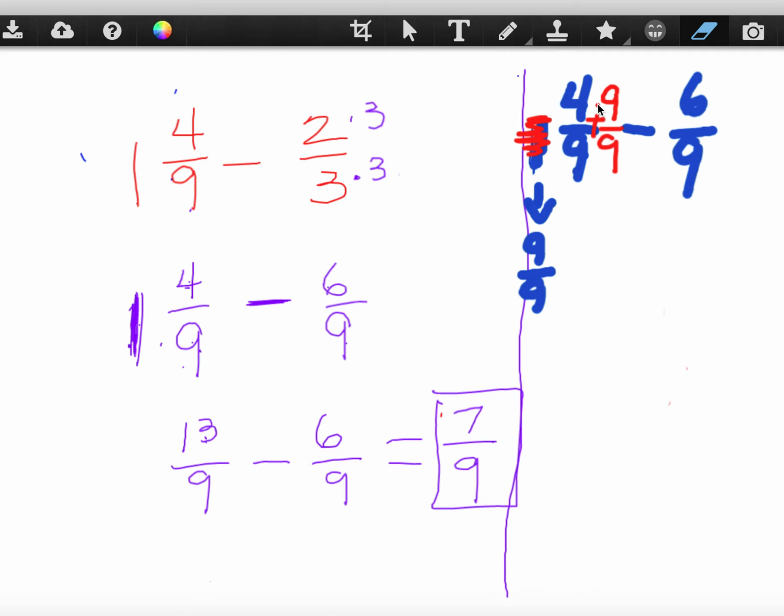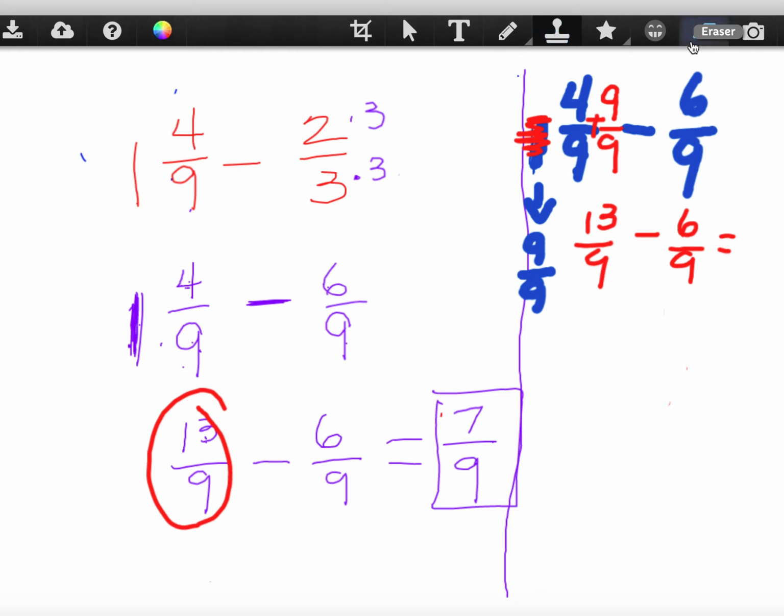I'm just going to add it together. So that becomes 13/9. See how that is over here? And then I subtract. I don't have to go through all this process. That's very similar to what we did over here, but watch it when it's a bigger number.